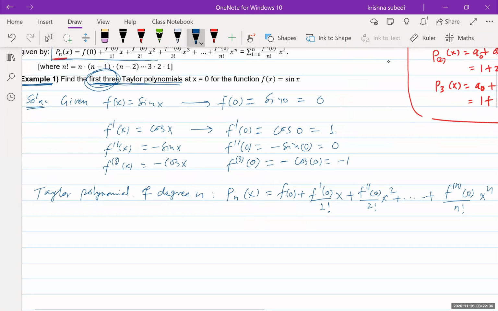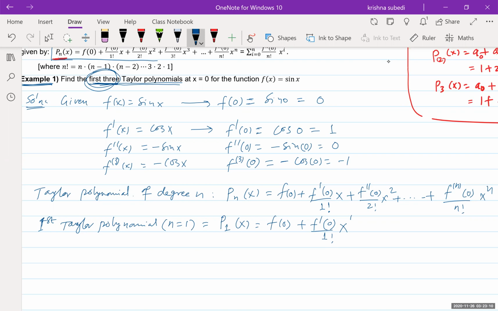Okay, let's look at that. The first Taylor polynomial, which means n equals 1. That's going to give me P1. The first Taylor polynomial is P1 of x, that is f of 0 plus f prime of 0 over factorial 1 times x.